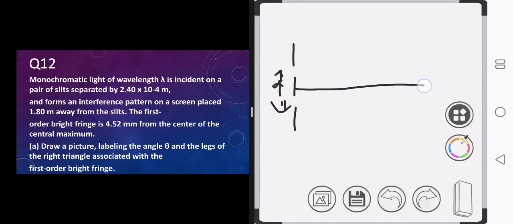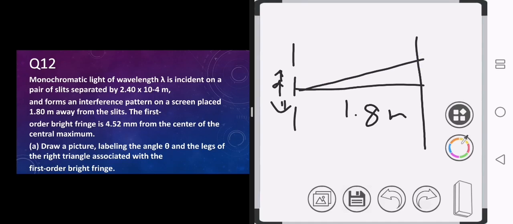And the distance to the screen is 1.8 meter. Your first order bright fringe appears here. So you label here as y1 and this is the angle theta 1. So you may draw it this way.